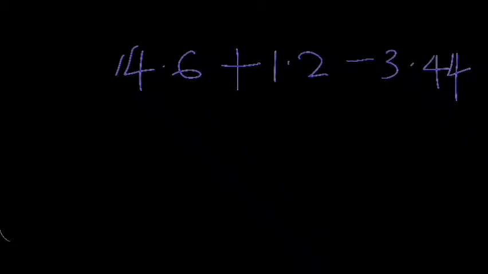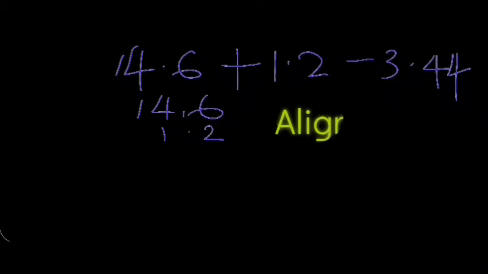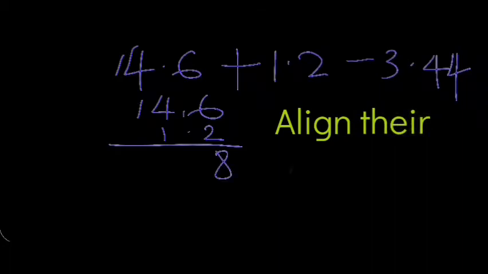Now what you do is to first of all do the addition, and to do the addition you align the numbers carefully according to their decimal points. Like this, we have 14.6 and 1.2. So you add 6 plus 2 is 8, 1 plus 4 is 5, and you have the 1.